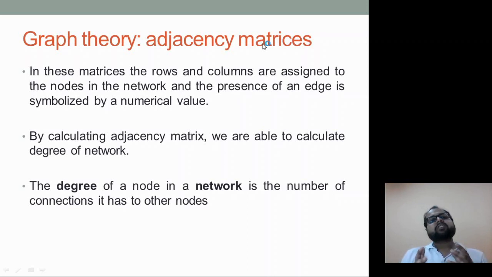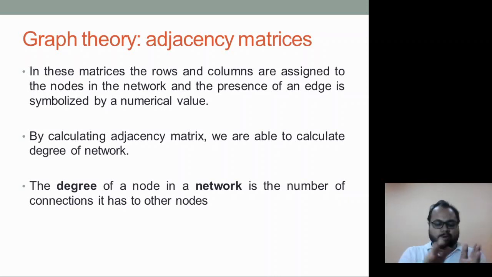Because it's a matrix, there is a row and a column. In your rows and columns, you assign the nodes. If this is your network, for example, the nodes will be A, B, C, D, E, F along the rows and A, B, C, D, E, F along the columns, and your edges will be the numerical values within the matrix.